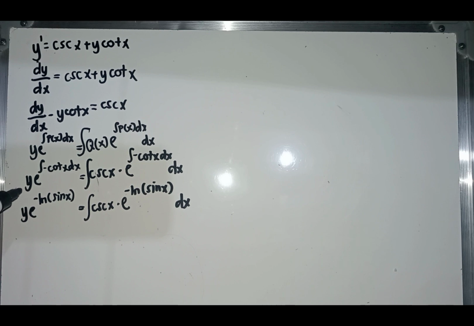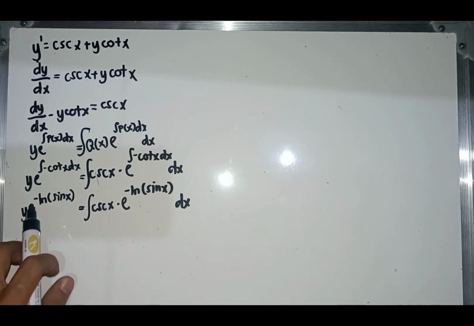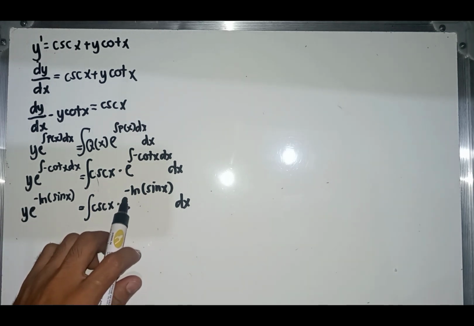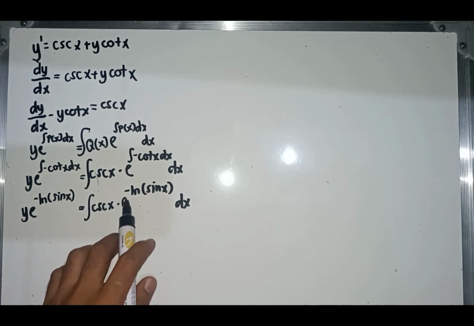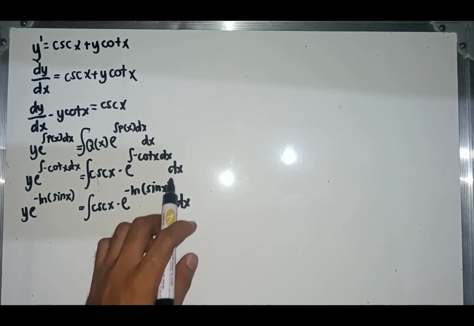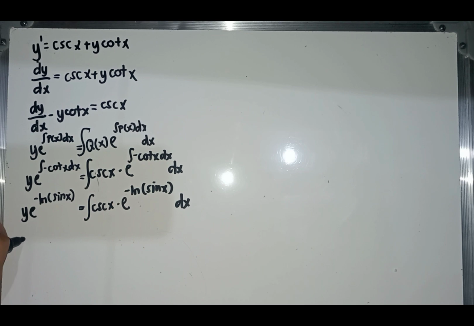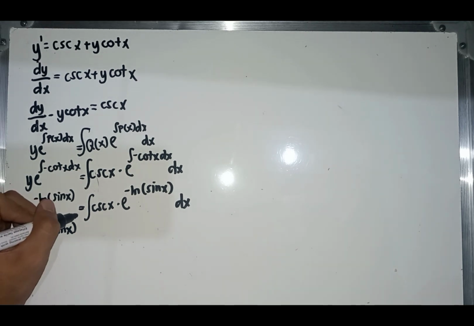We know there is a negative one here, so we can make it an exponent. So this becomes y e to the ln of sine x, to the power of negative 1, made as an exponent.